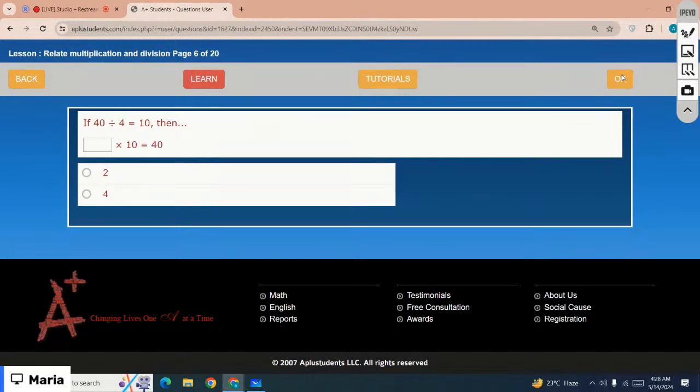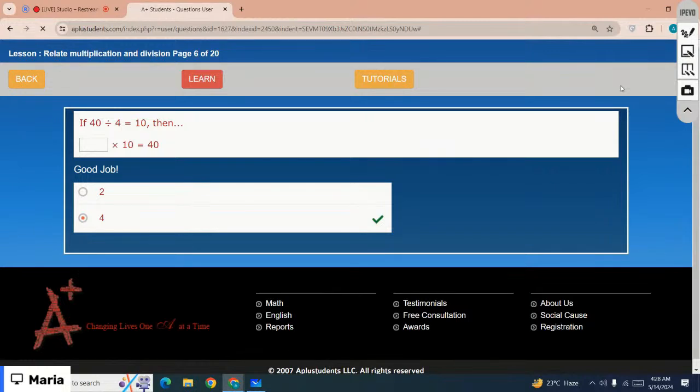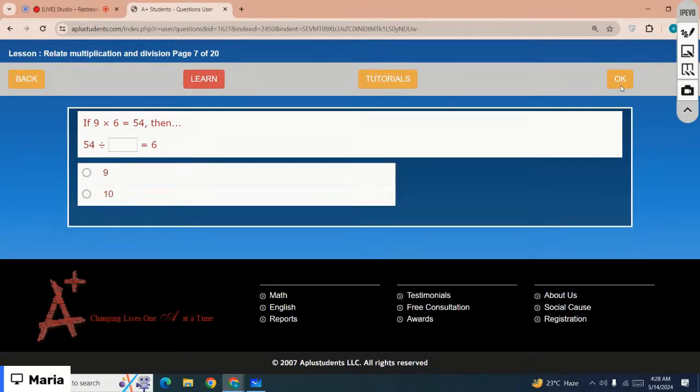The correct option is yes, 4 times 10 is 40. 9 times 6 equals 54.